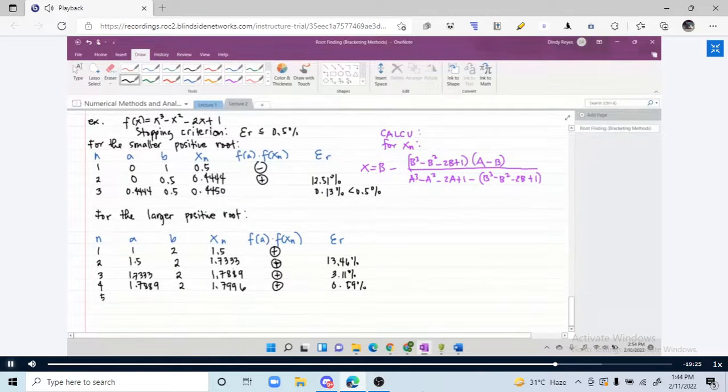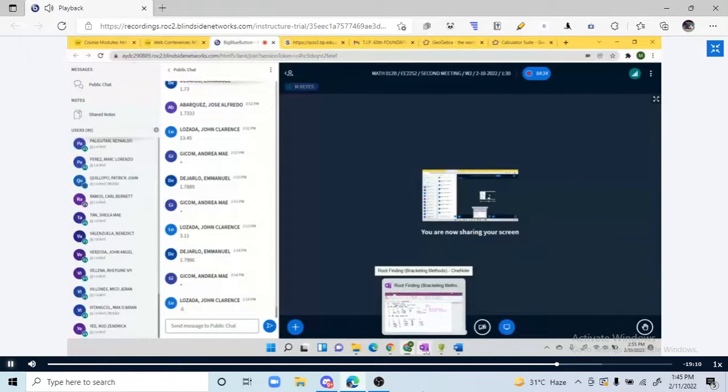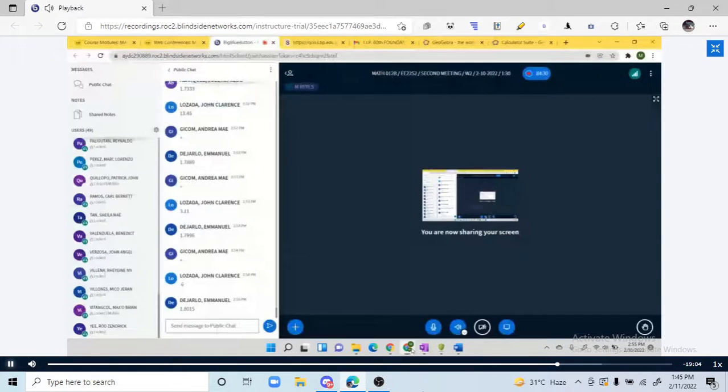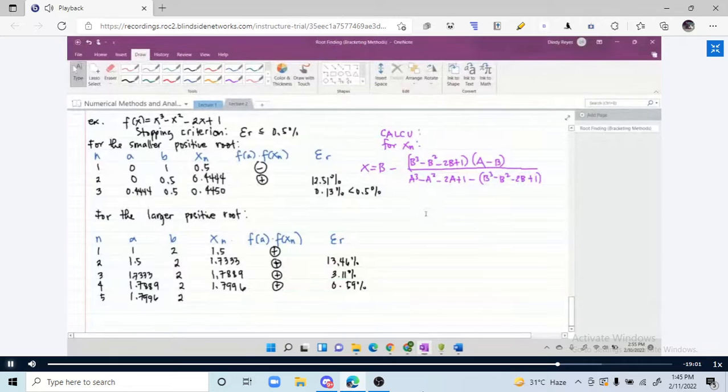Okay, in the fifth iteration, we have not yet satisfied the criterion. No, change A to 1.7996, and this will remain 2. And then x sub 5 is, what is x sub 5 equal to? 1.8050.